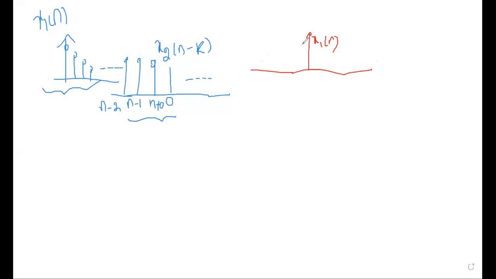When I shift x2 of n minus k towards the right-hand side, it will be overlapped in the diagram, and the highest value is n only. When I compare these two diagrams, I can say I will get the output only between 0 and n.